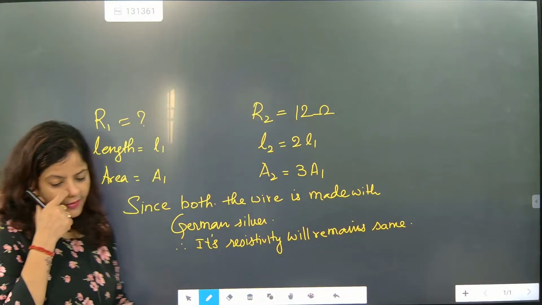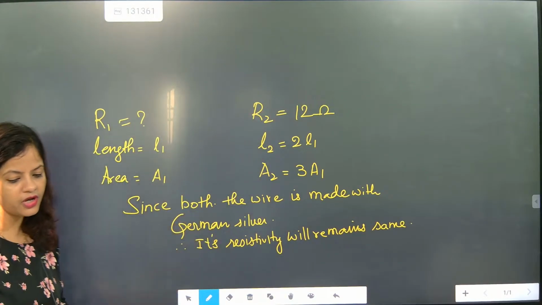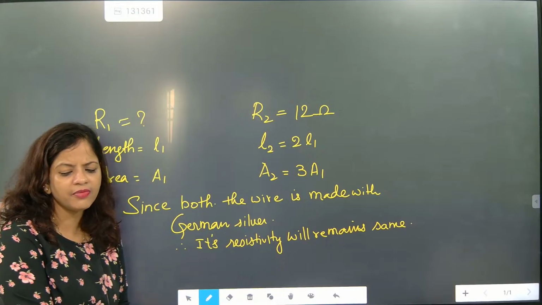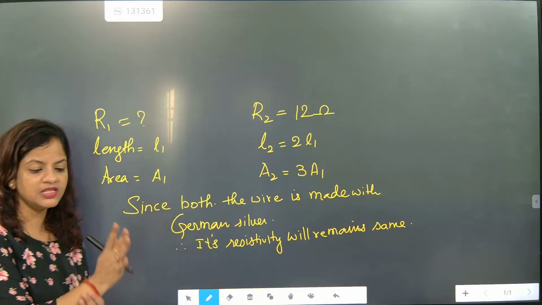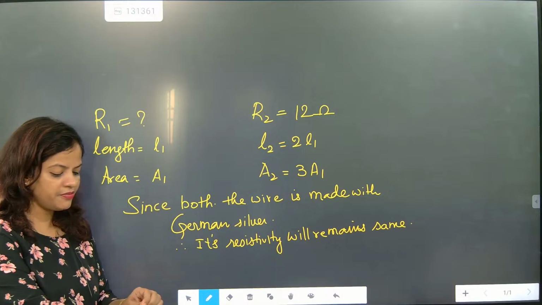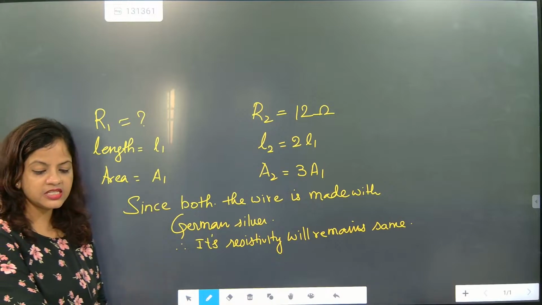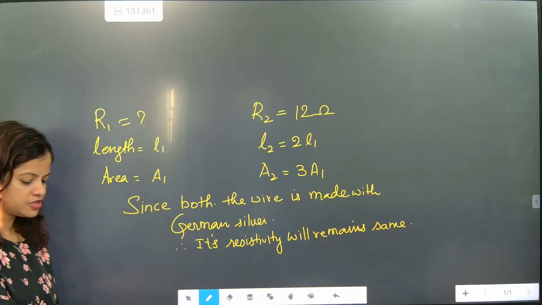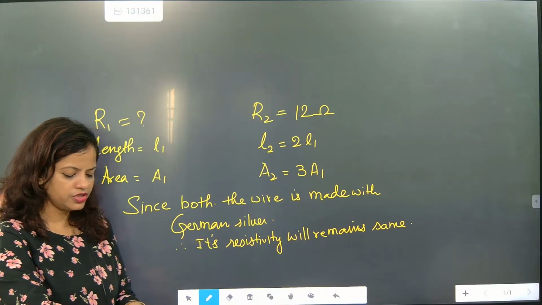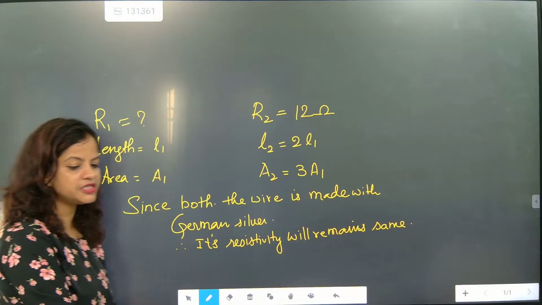Since both of them are made with what, beta? German silver. So its resistivity remains the same. I hope you might have understood this one. So its resistivity is not going to change.